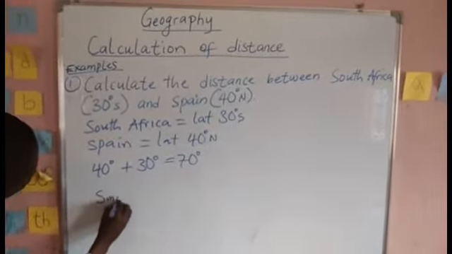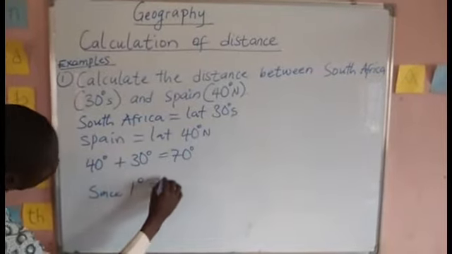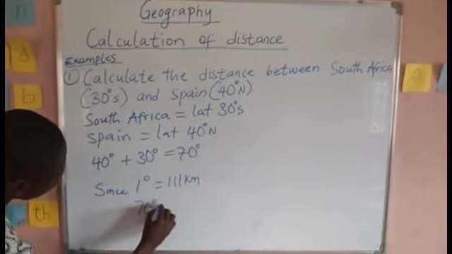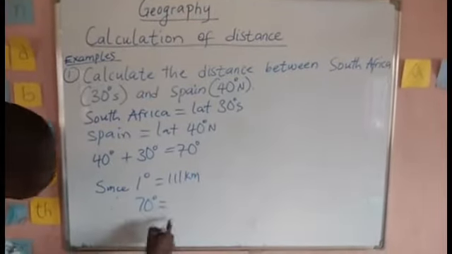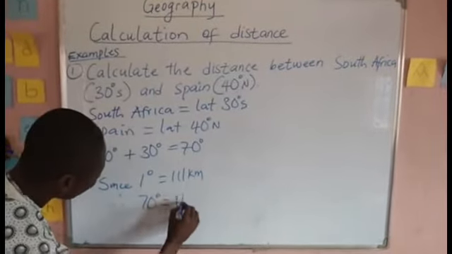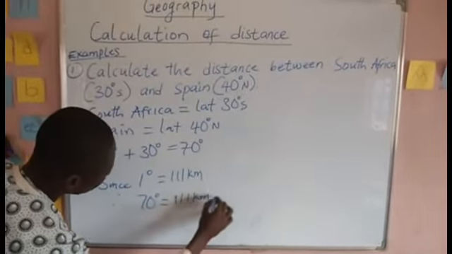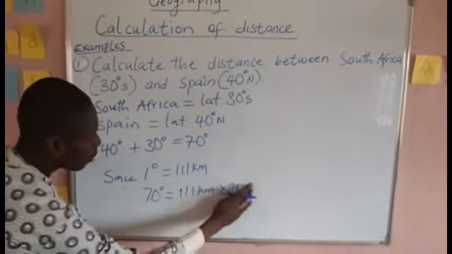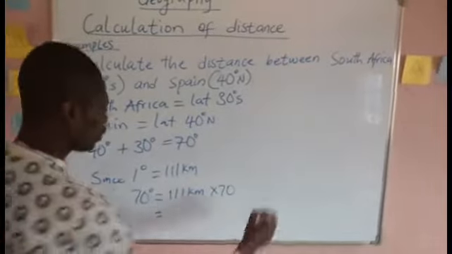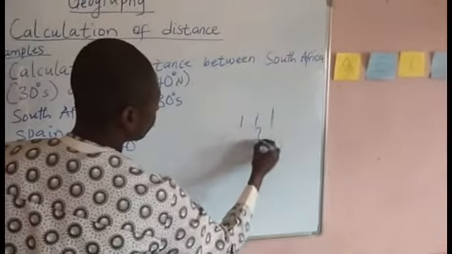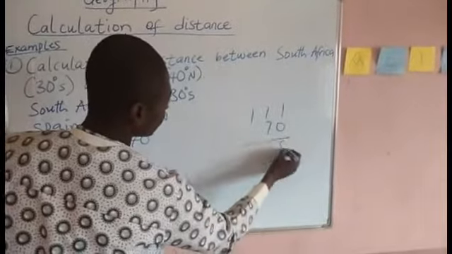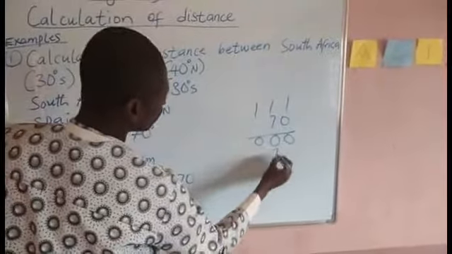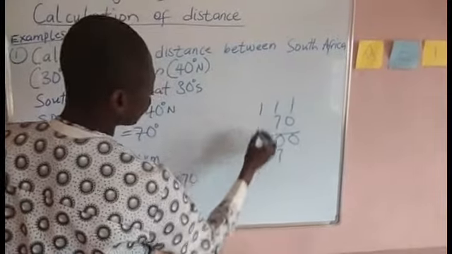Since 1 degree equals 111 kilometers, 70 degrees equals 111 kilometers multiplied by 70. 111 multiplied by 70: 0 times this, 0. 0 times 1, 0. 7 multiplied by 1, 7. 7 multiplied by 1, 7. 7 multiplied by 1, 7.